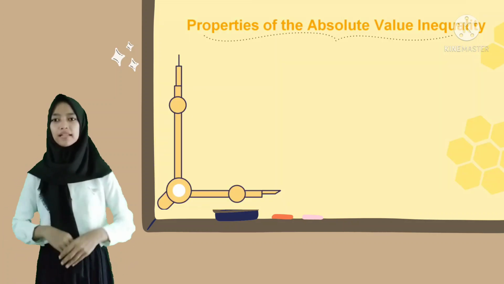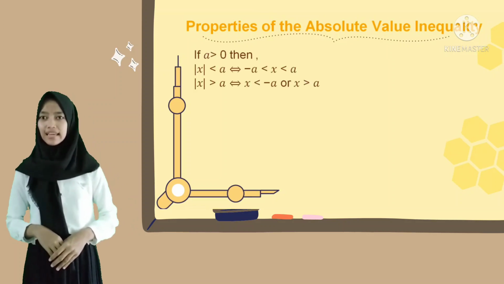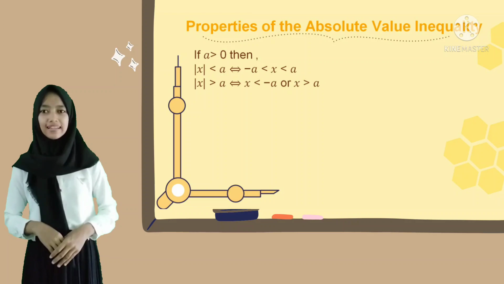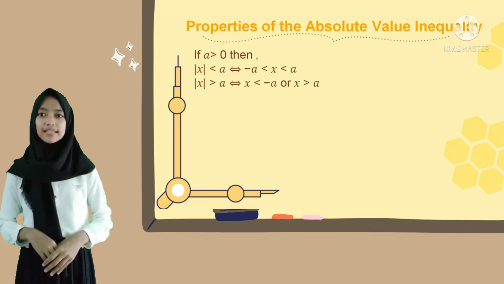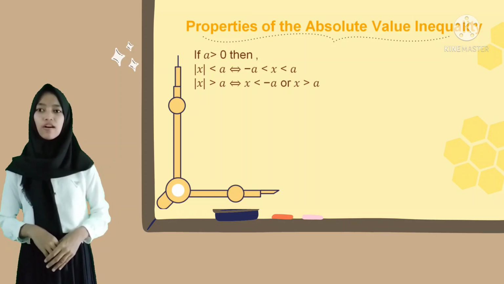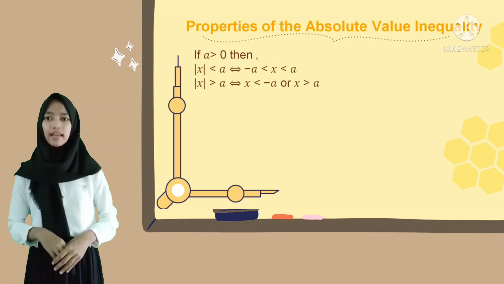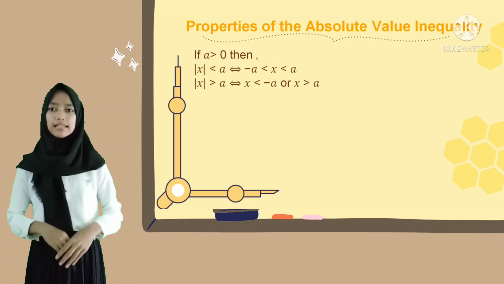Next, properties of the absolute value inequality. If a is greater than 0 and absolute value of x is less than a, then minus a is less than x is less than a. The distance between the origin and the point must be less than a.